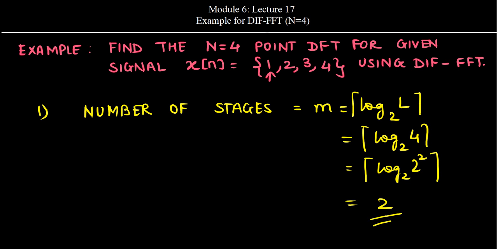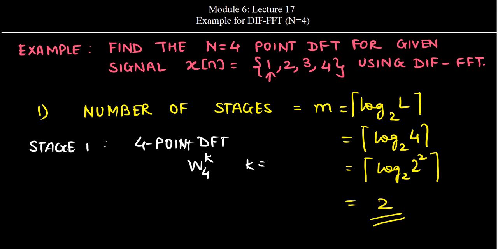So we are going to consider two stages, and we know that the first stage, or the stage 1, would be 4-point DFT. So in that case we would be having the twiddle factor as W4 to the power k, and this k would be varying from 0 to 4 by 2 minus 1, that is equal to 1.